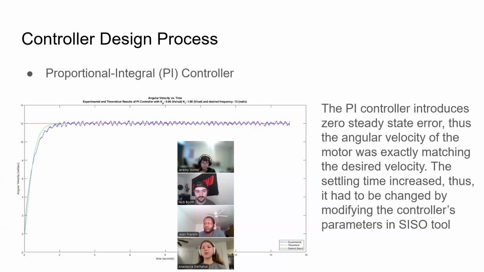We tested an integral controller. Here you can see the output of this controller, and the PI controller eliminates steady state error. Thus, the velocity of the motor was exactly matching the desired velocity of 12 radians per second. The settling time increased. That's why the gain of the controller had to be changed in the CISO tool.